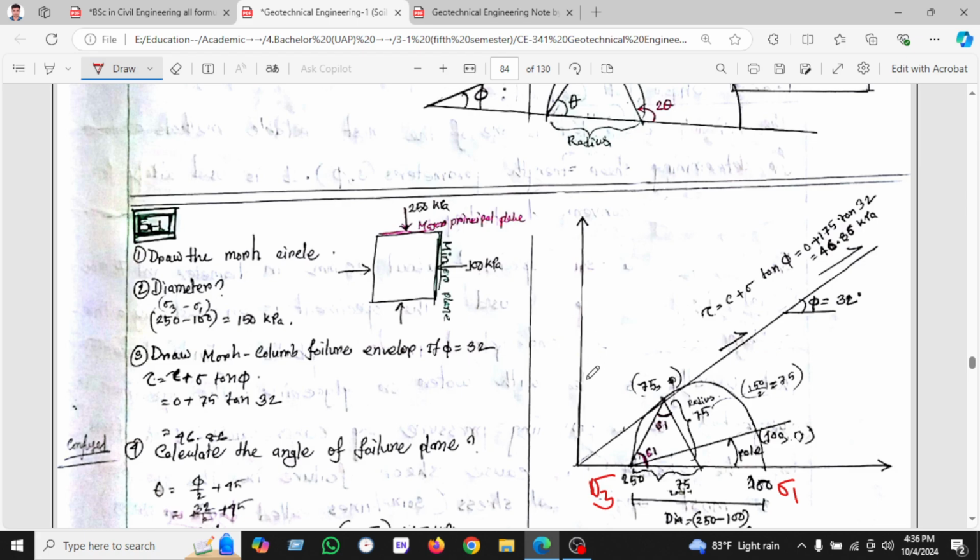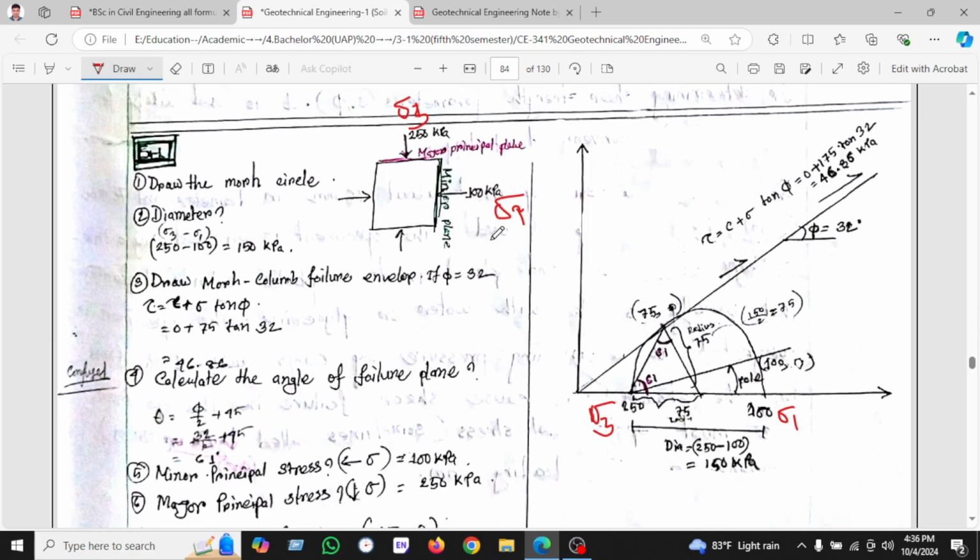Sorry, this is sigma 3 and this is sigma 1. When we deduct, 250 minus 100, we get the diameter of 150 kPa. So 150 is the answer.